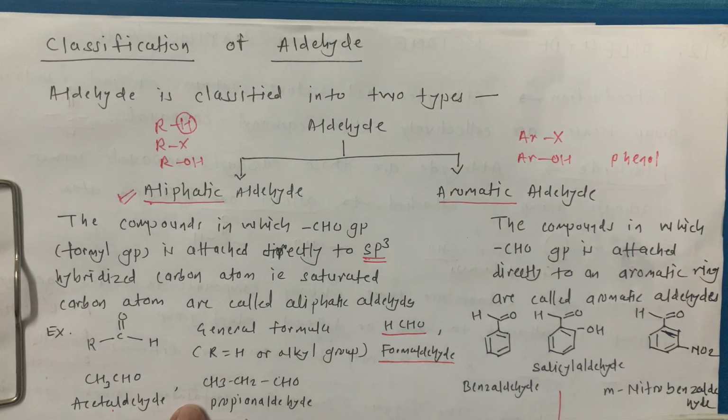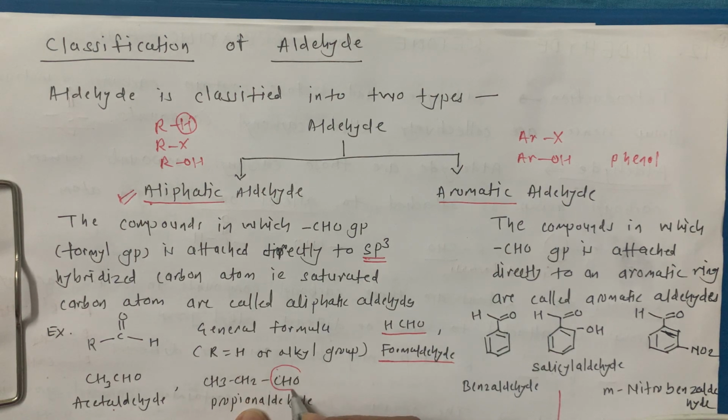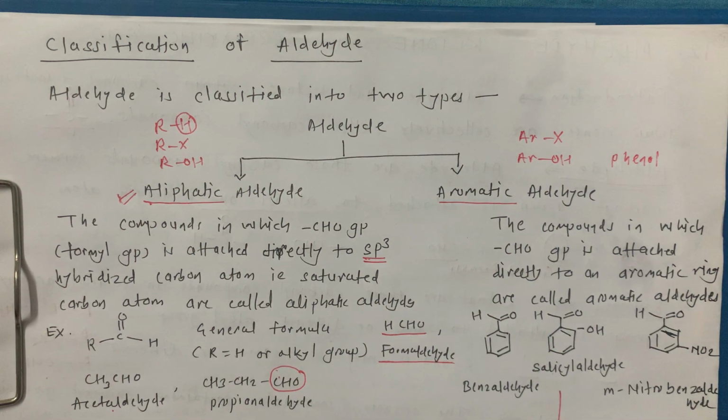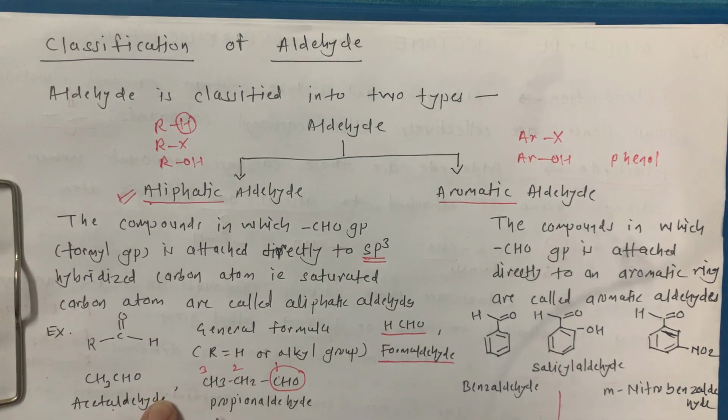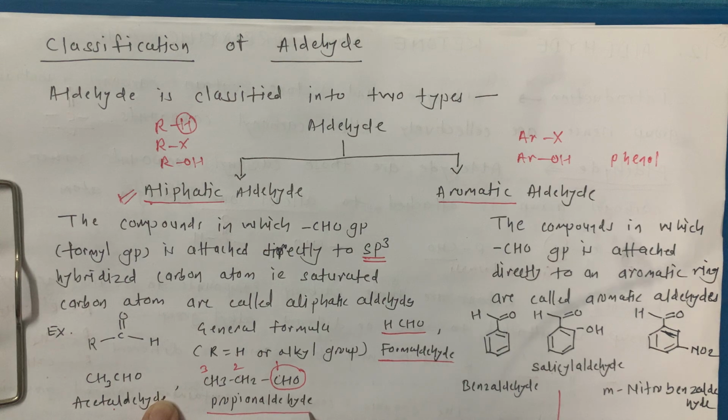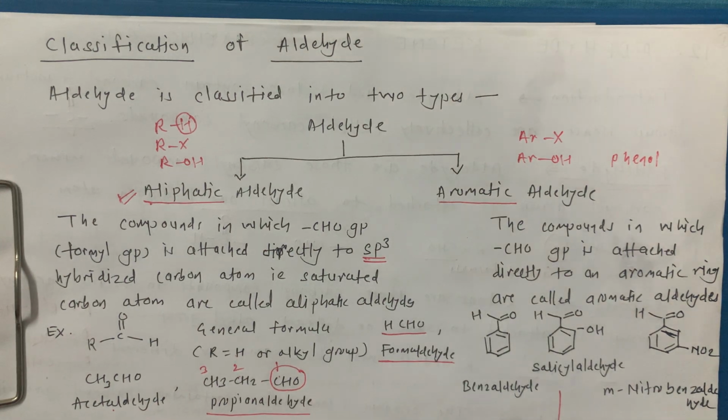The important thing in this functional group is that we have to count the carbon of the functional group also. So this becomes 1, 2, 3 and is derived from propane, so this is known as propionaldehyde.